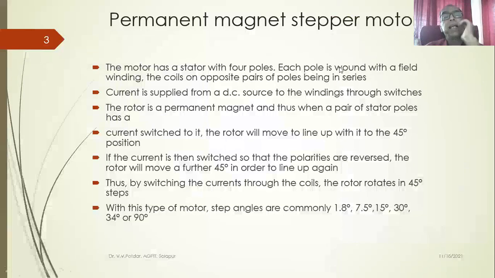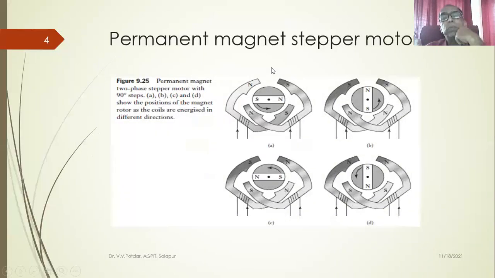Now the second type is the permanent magnet stepper motor. This is the sketch of a permanent magnet two-phase stepper motor with 90-degree steps. The stators provide virtually two phases: one stator provides one pair of poles, and the second stator provides the second pair of poles.